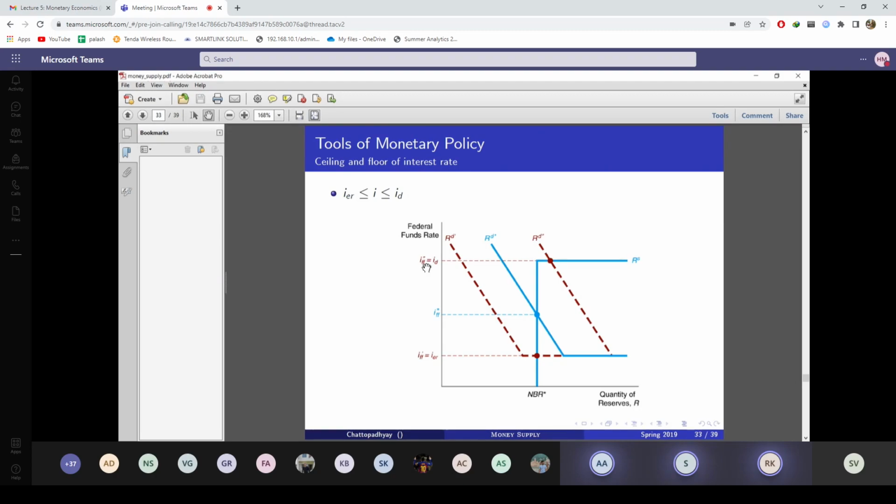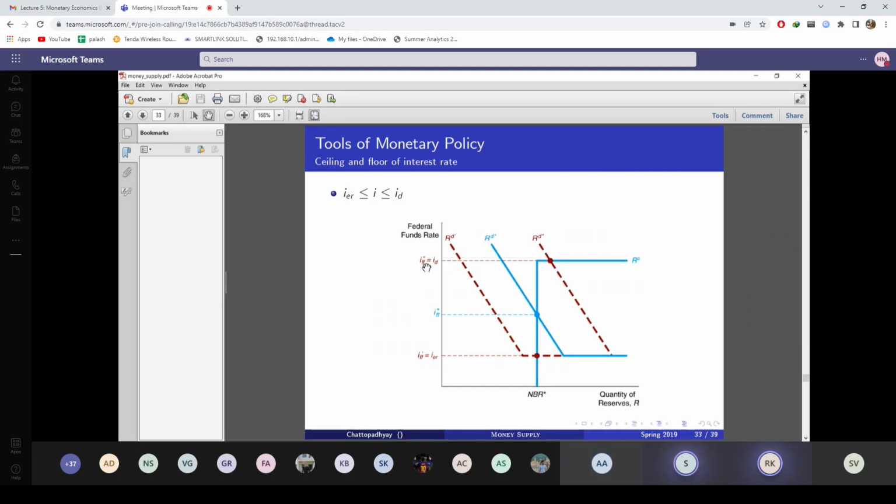That means you are a bank, I am a bank. If I borrow from you, suppose I have to give you something like 10%. But if I borrow from the central bank, I have to give something like 8%. So whom will I borrow from as a bank? Nobody will go to commercial banks. It will be easier to borrow from the central bank. It should be easy to borrow from the central bank.